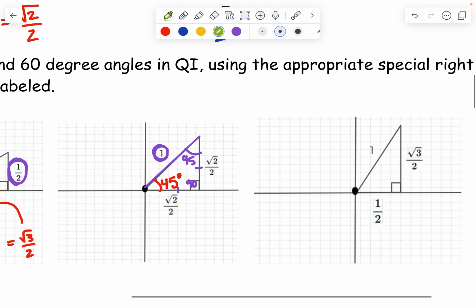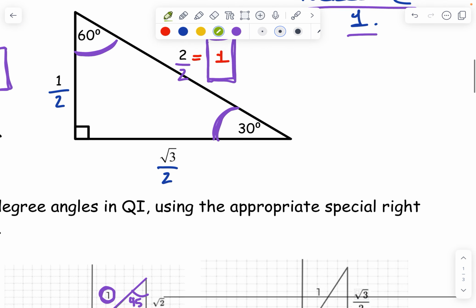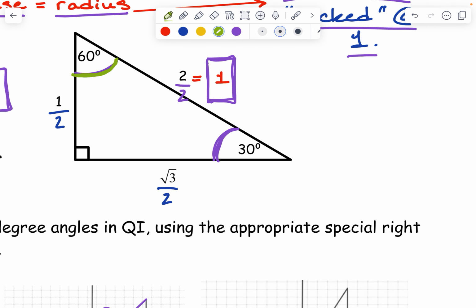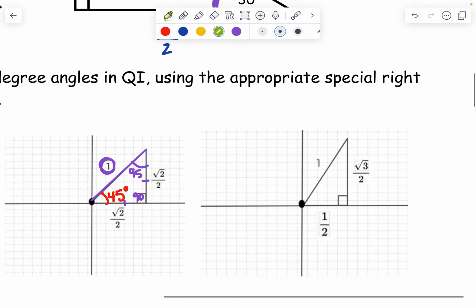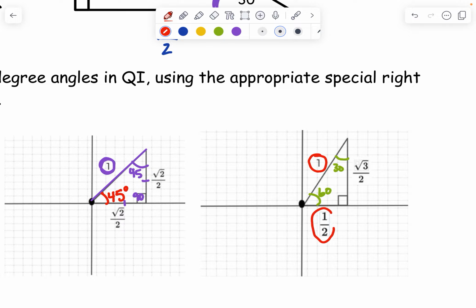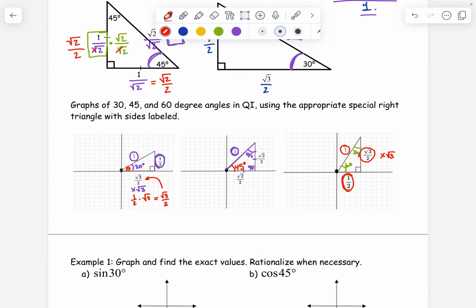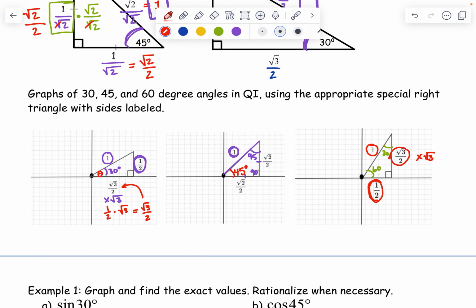And lastly, if we took this 60 and rotated it so we had the 60 down here, that would put the 30 up top. We would have our hypotenuse of 1. Our short side is half of the hypotenuse, and then our medium side is x root 3. Remember your proportions and your ratios. So, square root of 3 over 2. Those are the 30, 45, and 60.